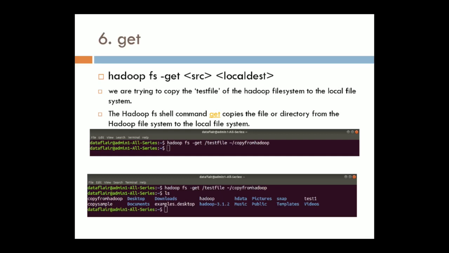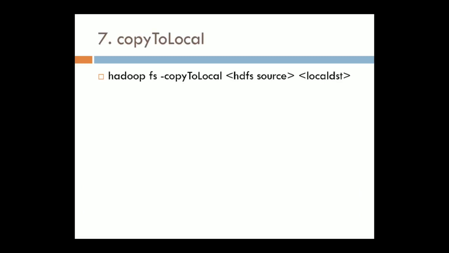Just check whether you are able to see it, because I have used the command ls. Very good. Yes, so this is how we are getting the copy sample, and it helps us understand how the get command gets the file and stores it back to the local destination.